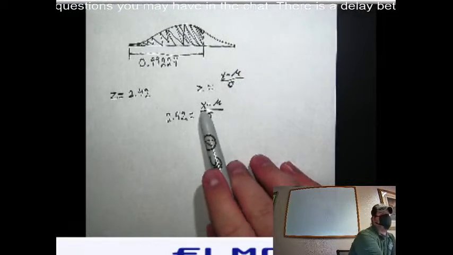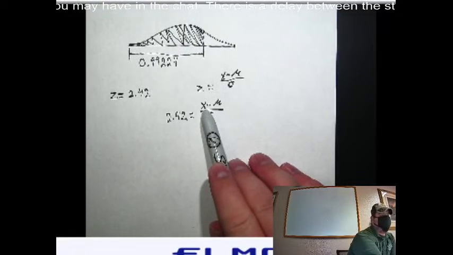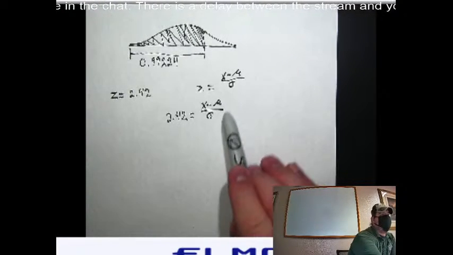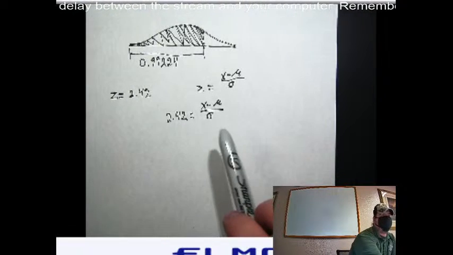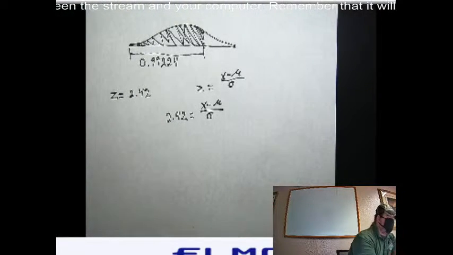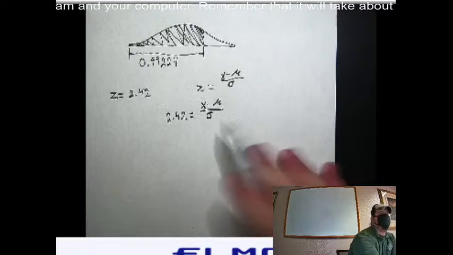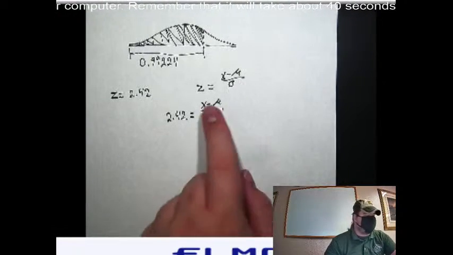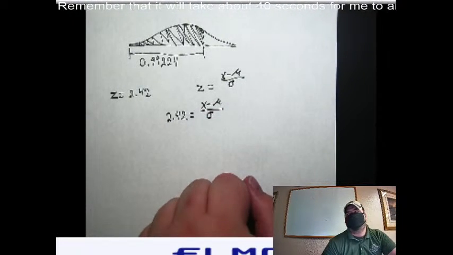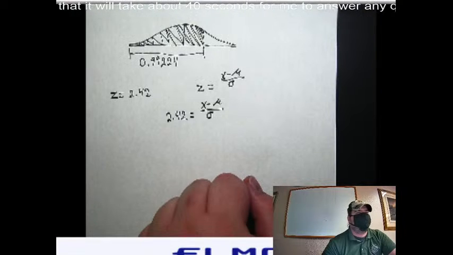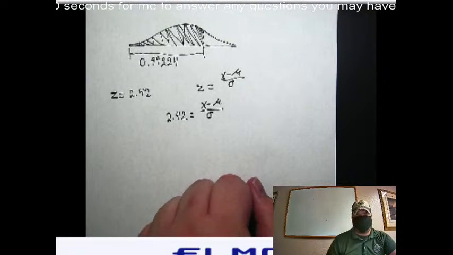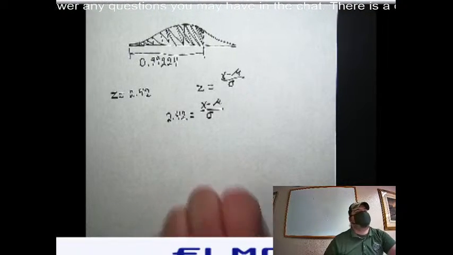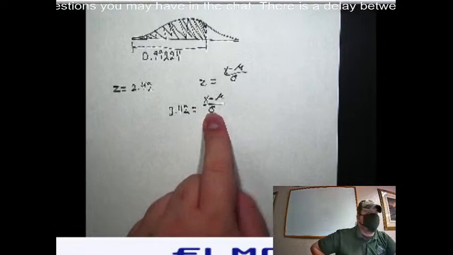So what we're going to need to do here is get x by itself. We're going to need to take everything that is not an x and bring it over to the other side, cancel it out. Okay, so what's the first thing that we think we could do to cancel out a number on this side? Well, that fraction's looking pretty annoying, at least to me. So let's get rid of that fraction. How would we get rid of sigma?